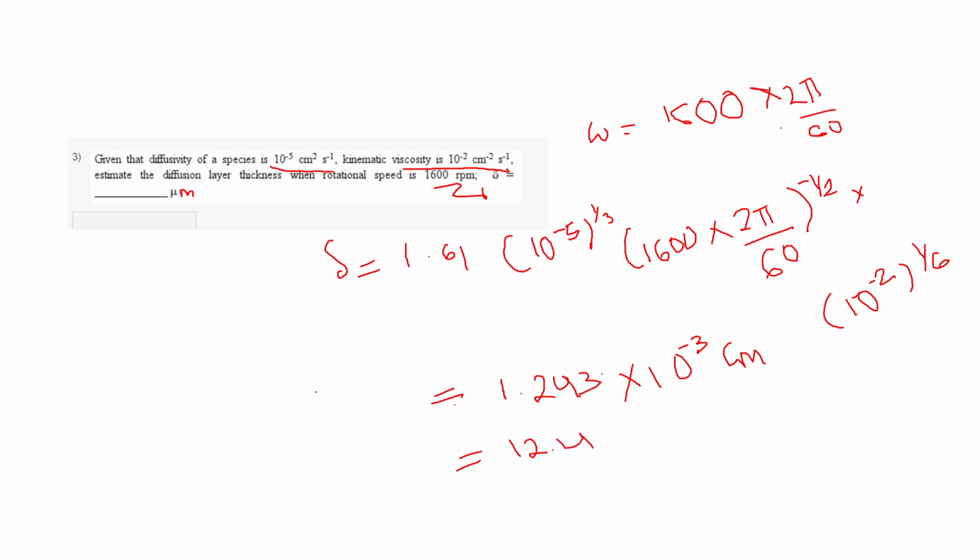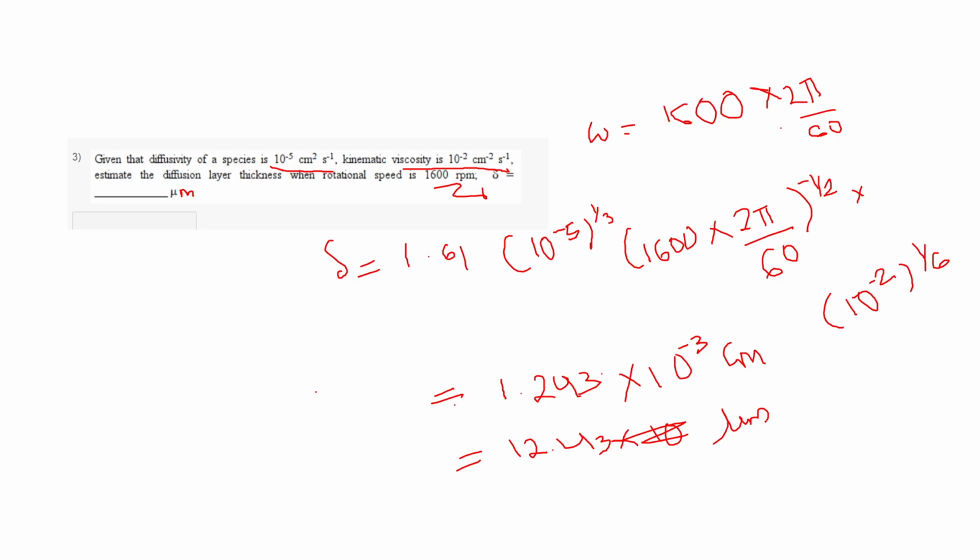One more thing I want to tell you: when you're solving, make sure that you keep an ample number of decimal points. For some questions, if you're doing it by hand, especially for your exam, one question will come, I think question 6, where there's a big equation to find the value.